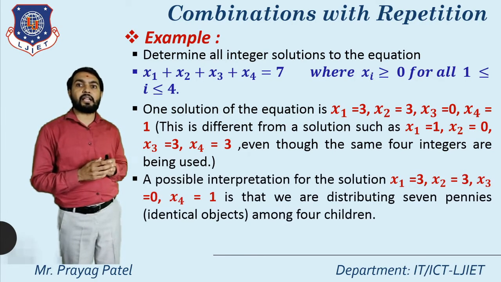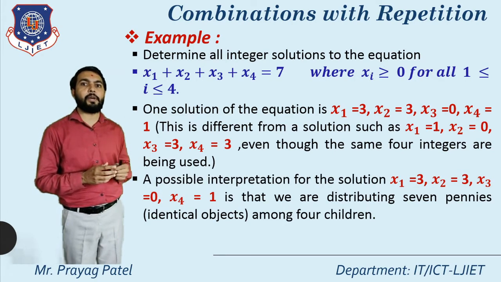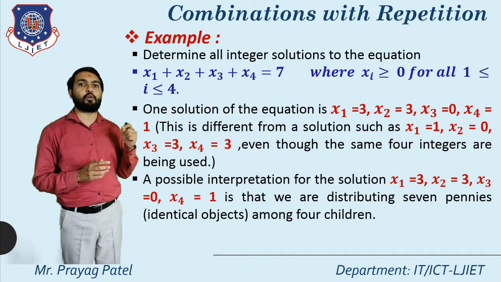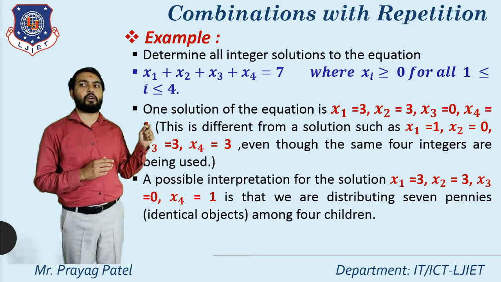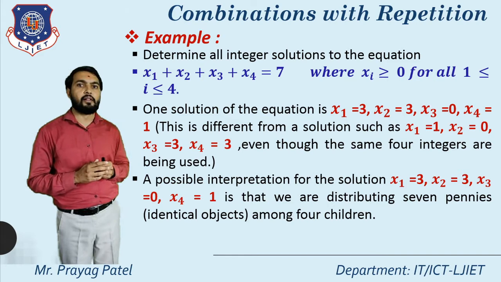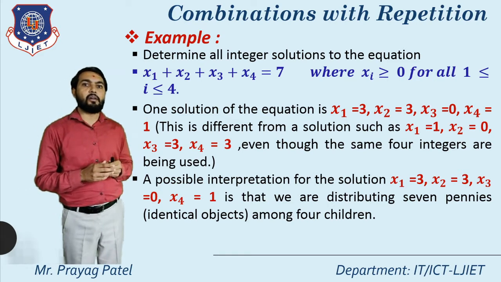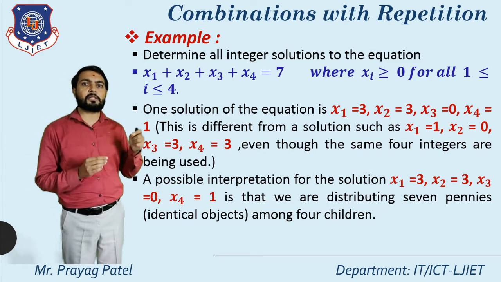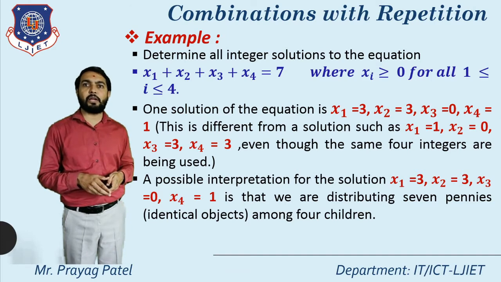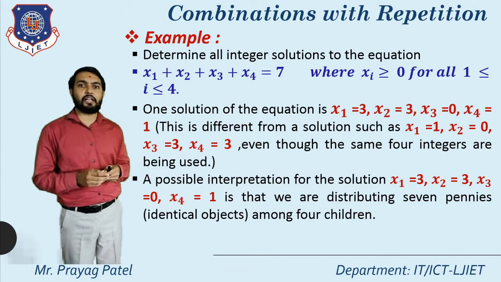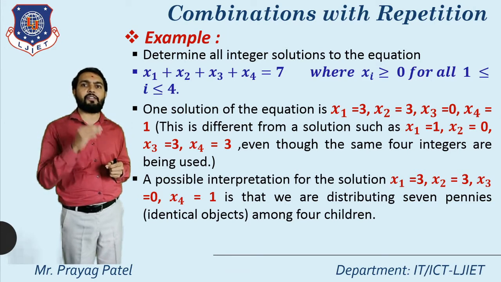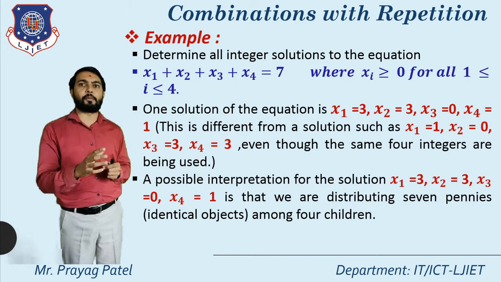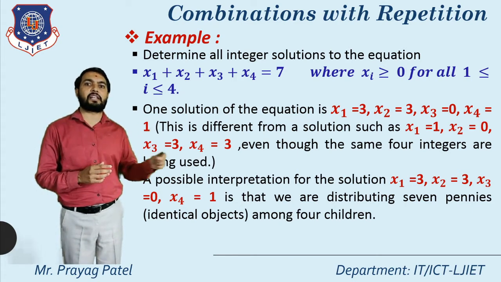Now the possible interpretation for the solution x1 equal to 3, x2 equal to 3, x3 equal to 0, x4 equal to 1 is that the total of these four is equal to 7. That means we have to distribute these 7 things among the 4 persons x1, x2, x3 and x4.